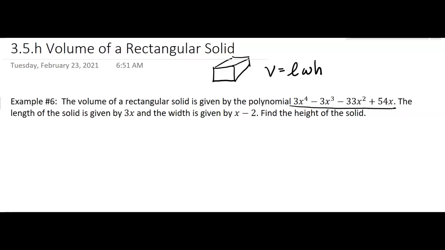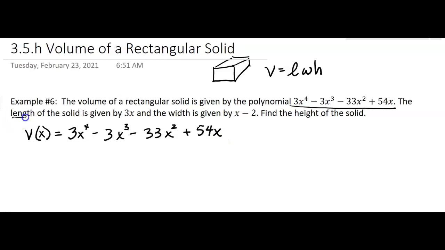As mathematicians, sometimes we have to take what they give us. So they're saying the volume in terms of x is 3x to the 4th minus 3x cubed minus 33x squared plus 54x. And like I said, I don't know where that came from. That's what they're telling me.